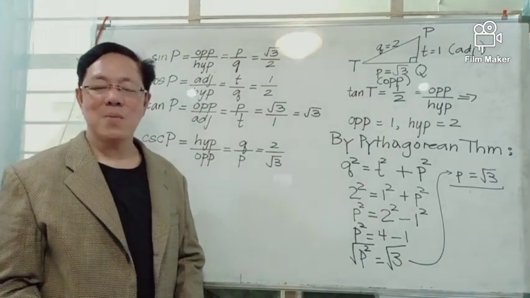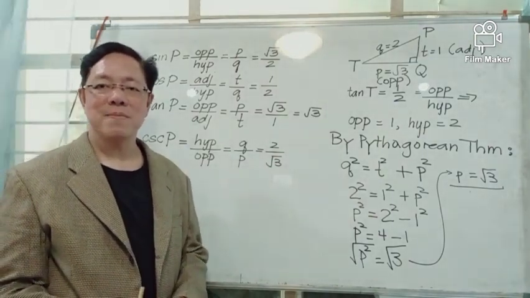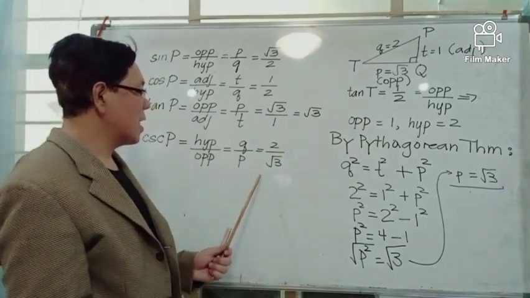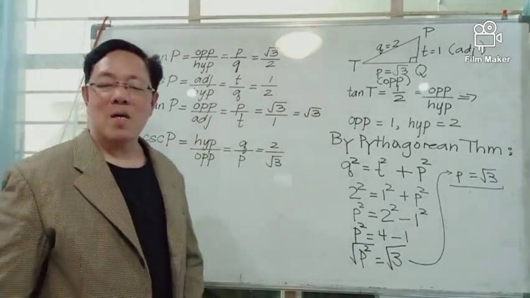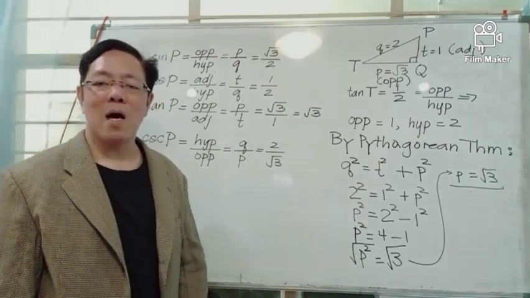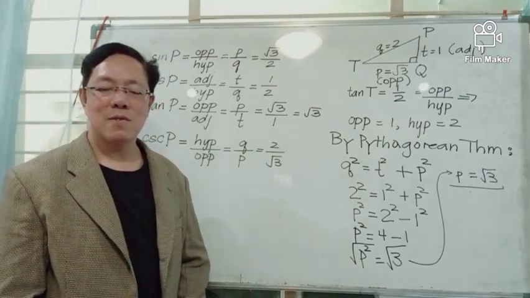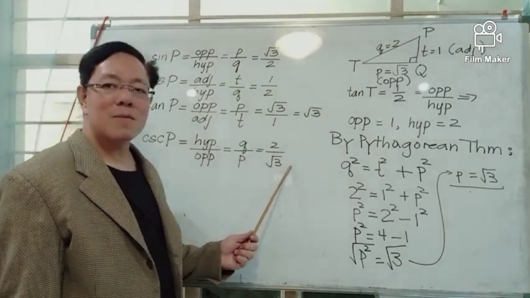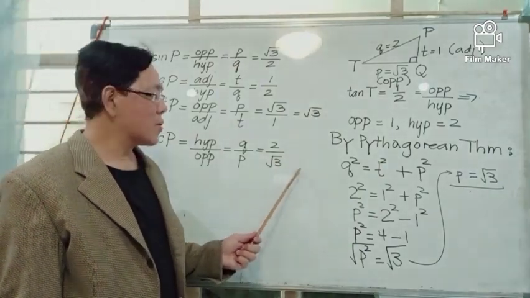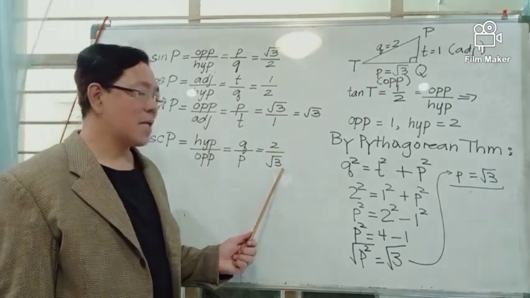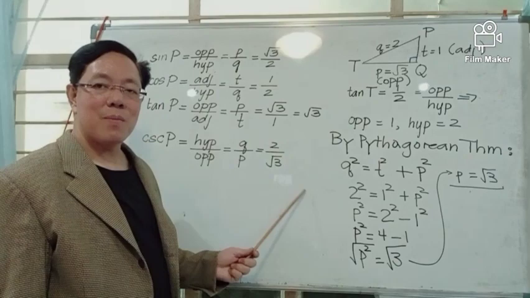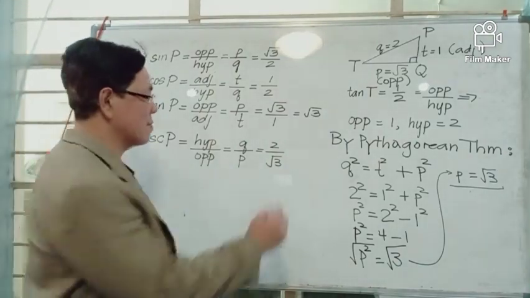Now, in algebra, we usually remove the radical sign from the denominator. And the process to do that is what is known as rationalizing. So, to rationalize is to remove the radical sign from the denominator by multiplying numerator and denominator by the root of 3.